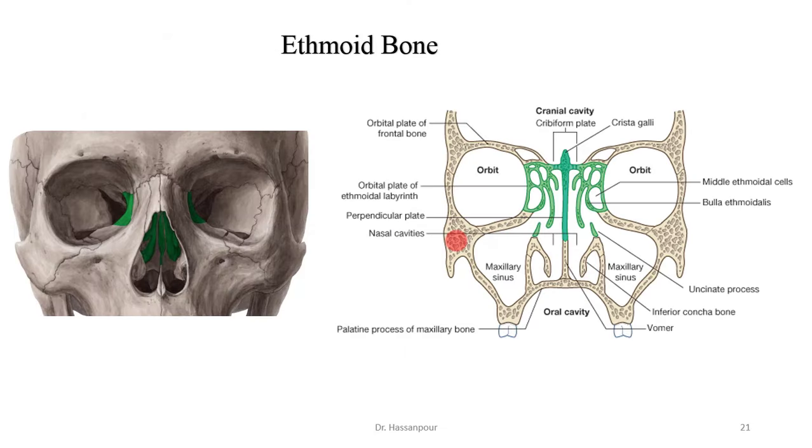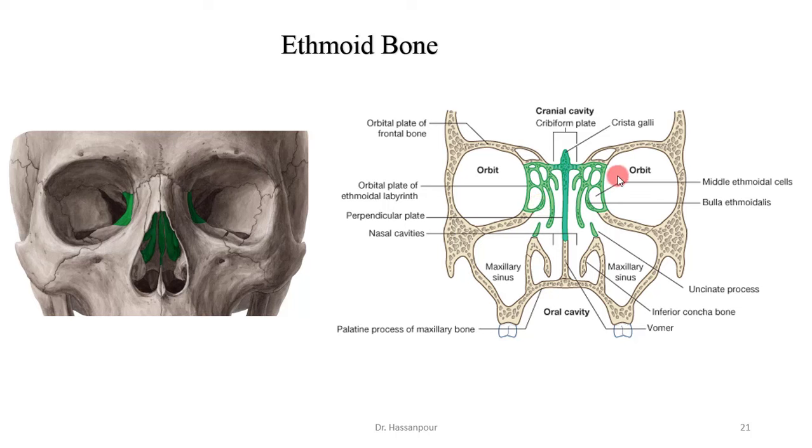Let's move on to the next bone, the ethmoid bone. The ethmoid bone is one of the most complicated bones of the skull. This irregularly shaped bone is positioned between the orbits.